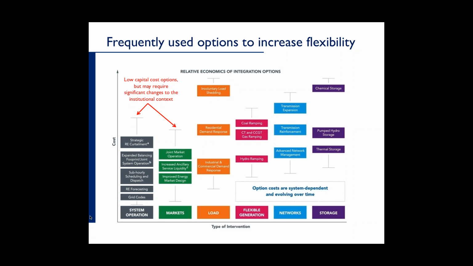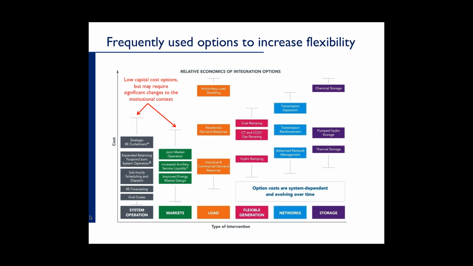Now, I'm not going to attempt to go through this somewhat complicated but really thorough graph. What I would like to do is draw your attention along the bottom of the graph, where you see the box labeled system operation, and then markets, load, flexible generation, networks, and storage.